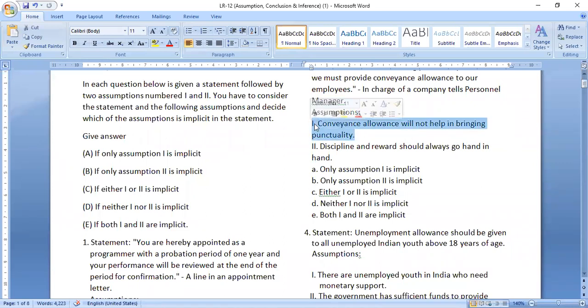Is that explicit? No, sir. I think that's not explicit. It's neither implicit nor explicit. It contradicts the statement. See, explicit is not the opposite of implicit. Explicit means it's obvious and clear, making something easy to understand. For example, if you say I'm 30 years old, that's explicit.